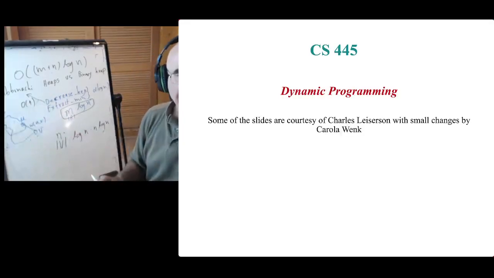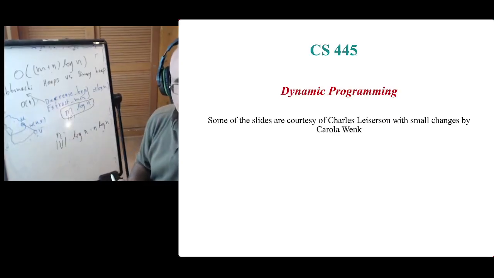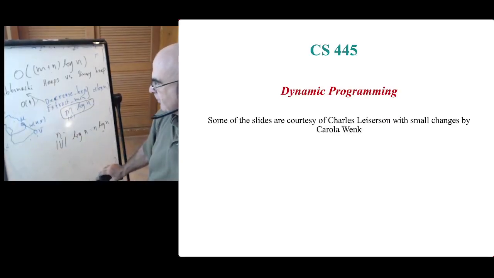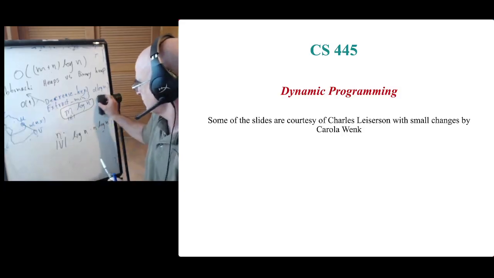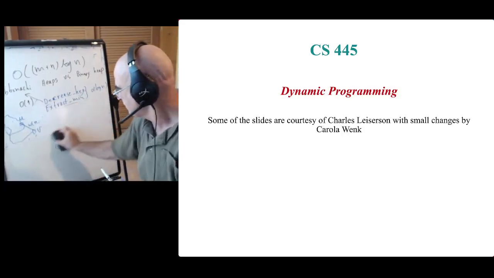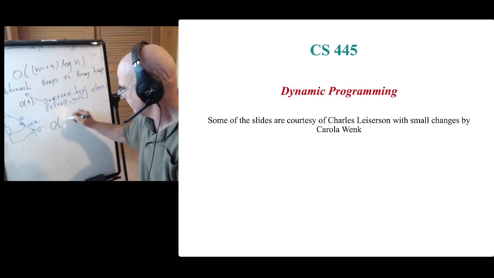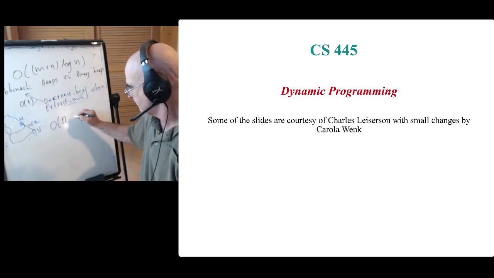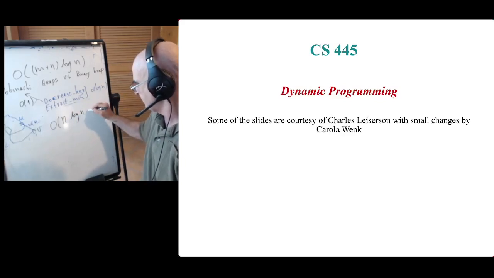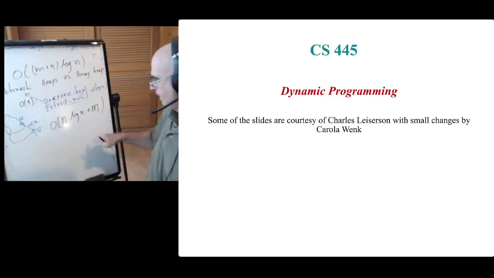The amortized analysis is a bit harder, but on average each decrease key costs only constant time, which implies that the whole Dijkstra algorithm will take n log n plus m.